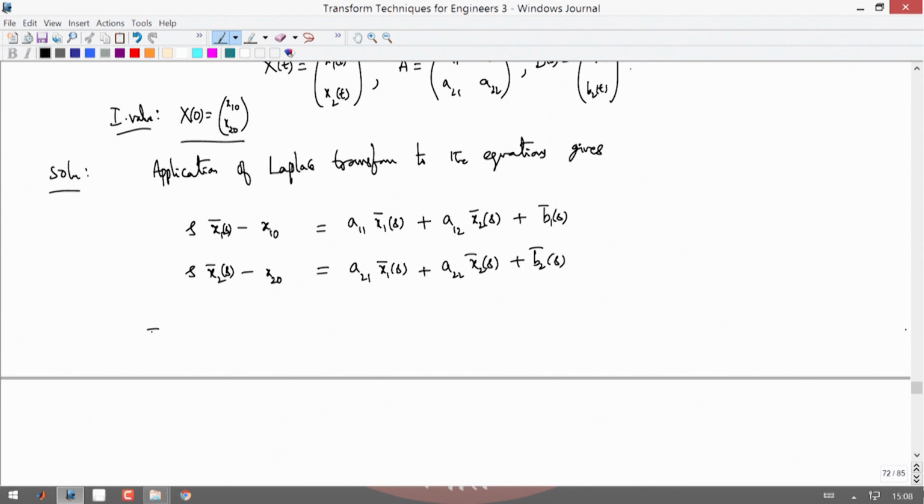So this gives me x1 bar of s. You write it as a system of equations for the unknowns x1 bar of s and x2 bar of s.